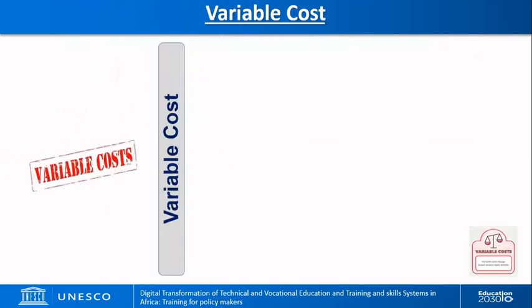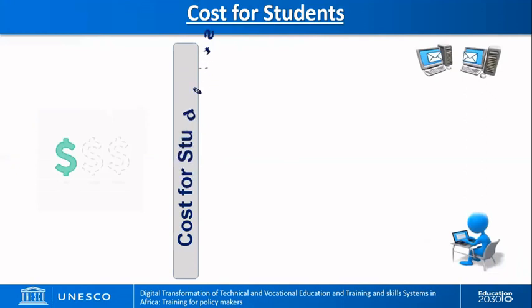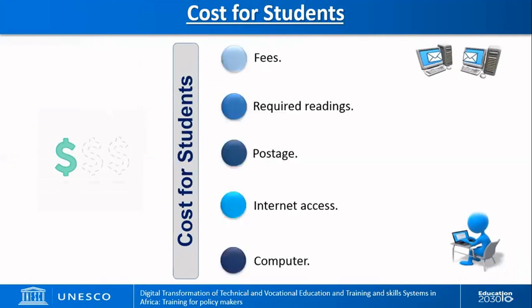While the variable costs include tutoring costs, delivery cost, registration, student administration, and printed materials including postage. The cost for students include fees, required readings, postage, internet access, and computer.